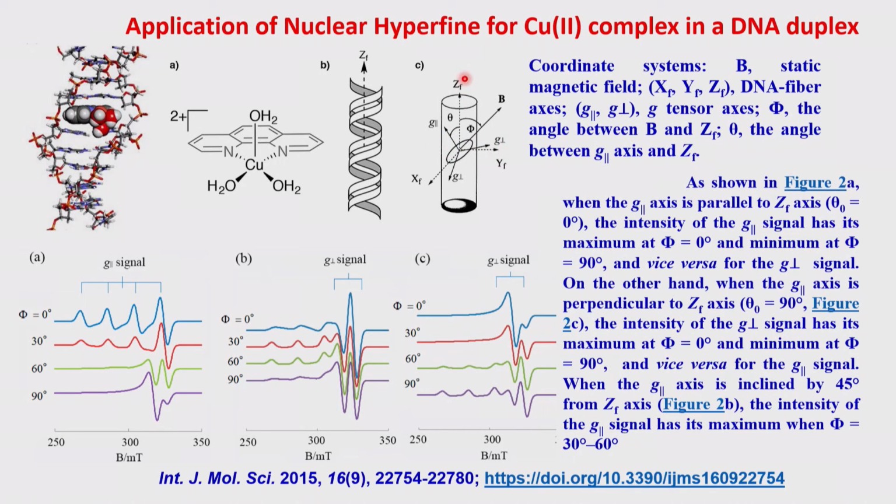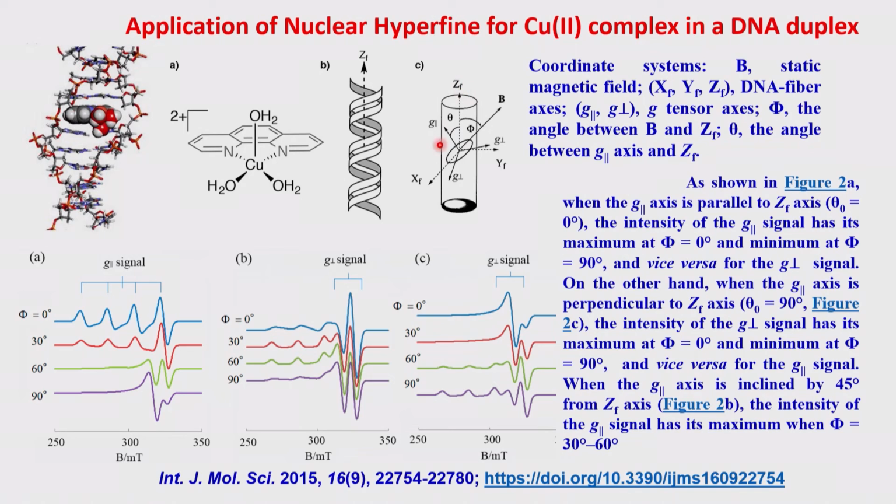How this is oriented with respect to the external field, the Z axis, is what determines your spectrum, and based on the spectrum you can tell how it is sitting inside the double helix.